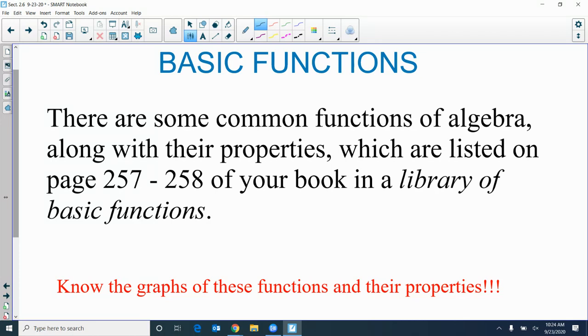The last 3 in the book, we're not going to formally list, but if you see those, you're just going to do a quick graph and then list domain and range, where it's increasing, decreasing, or constant, and then the type of function and symmetry. So is it even or odd? And then therefore, what does it lead to in terms of symmetry? Okay, so like I said, take 6-7 minutes, and then just fill that in.